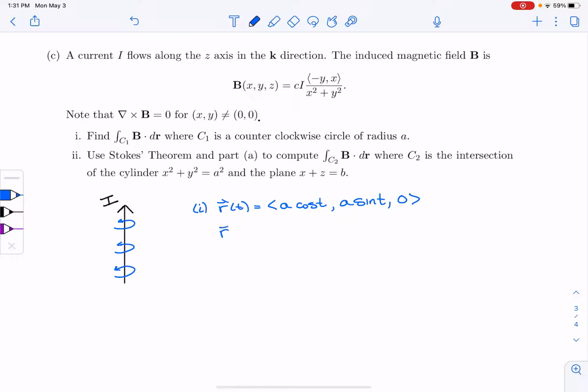And then R prime of t, well, that's going to be minus A sine t, A cosine t, and then 0. So to find the work performed, I'm going to need to do B dot R prime of t.